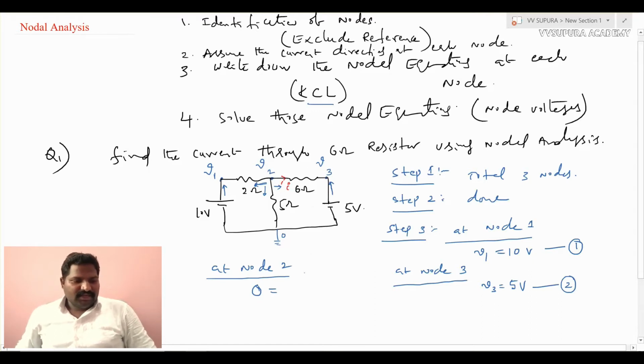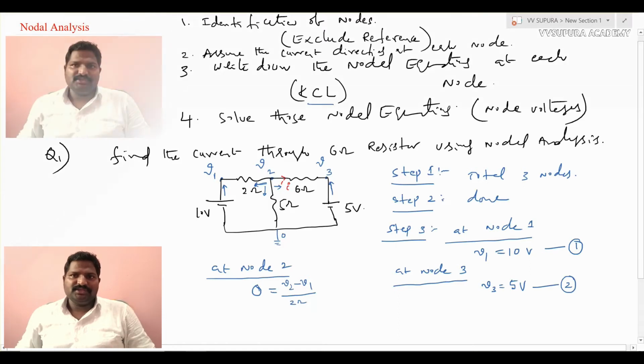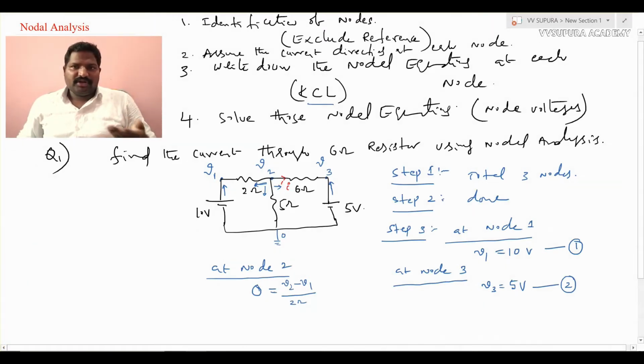The current leaving from V2 to V1 is nothing but V2 minus V1 upon 2 ohms, right? V by R is nothing but a current. So for the current from V2 to V1, I is equal to V by R, where the potential difference is V2 minus V1. So V2 minus V1 by 2 plus, why?